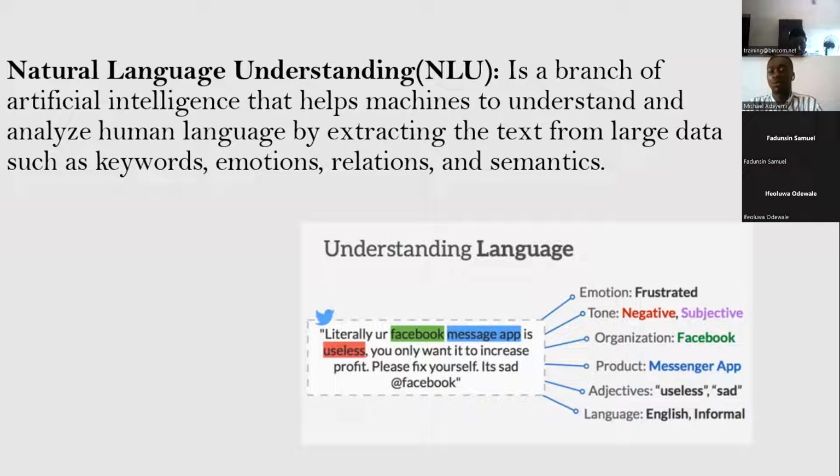The person is actually frustrated. What tone is the person using? The person is using a negative tone and a subjective tone, an authoritative tone. And what organization is this customer talking about? It's Facebook, and the product is a messenger app. Now you can see the adjectives useless, sad, and the language is English informal language. So this is all about natural language understanding.